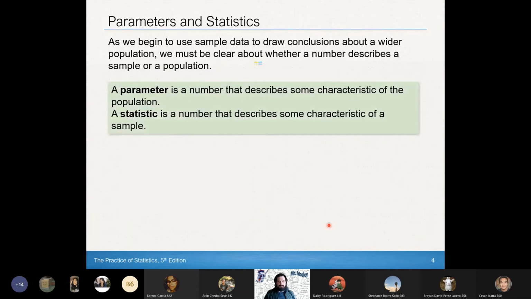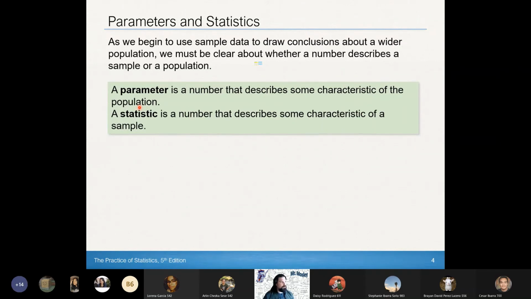Parameters and statistics. As we begin to use sample data to draw conclusions about a wider population, we must be clear about whether a number describes a sample or a population. A parameter is a number that describes some characteristic of the population.